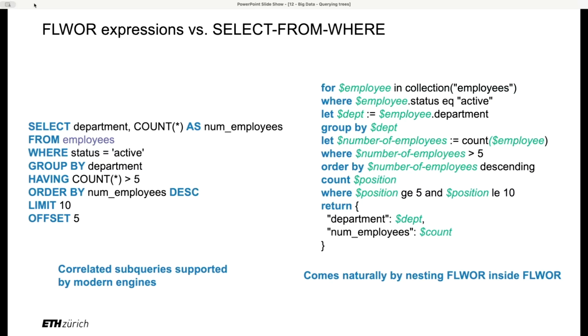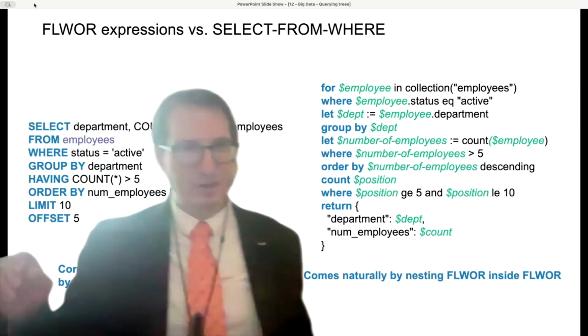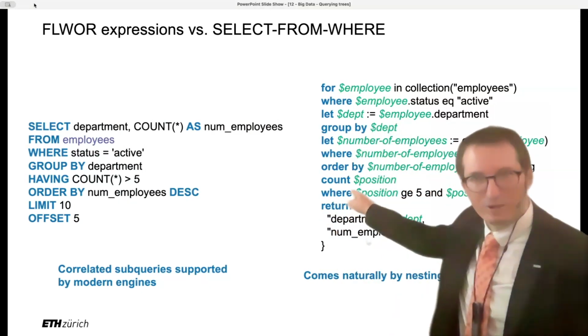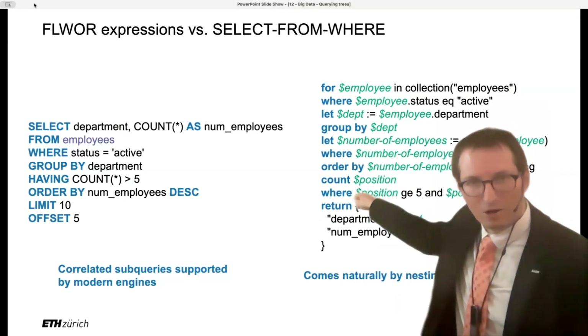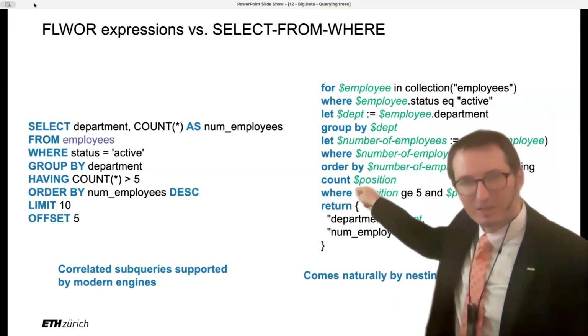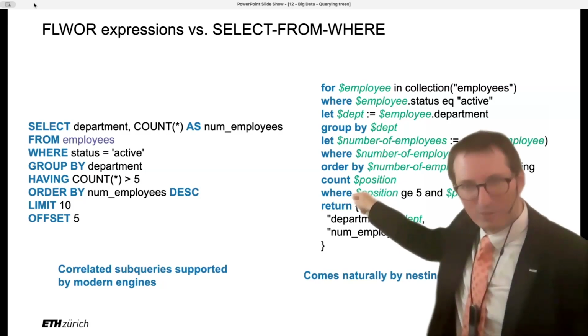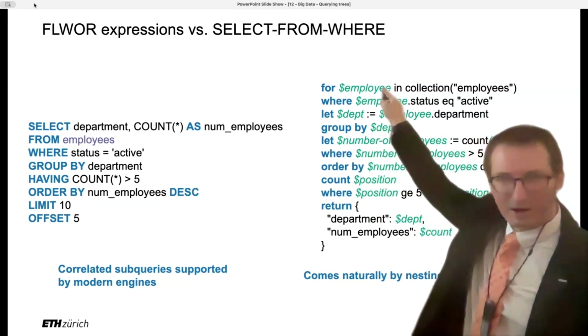In fact, in JSONiq and XQuery, you get it naturally because you can nest a FLWOR inside a FLWOR. If you have a FLWOR expression inside a where inside a FLWOR, the FLWOR expression that is inside the where clause can depend on anything it wants. Let's say you have a nested expression in that where clause, you can use in that nested FLWOR expression all the variables that are before.